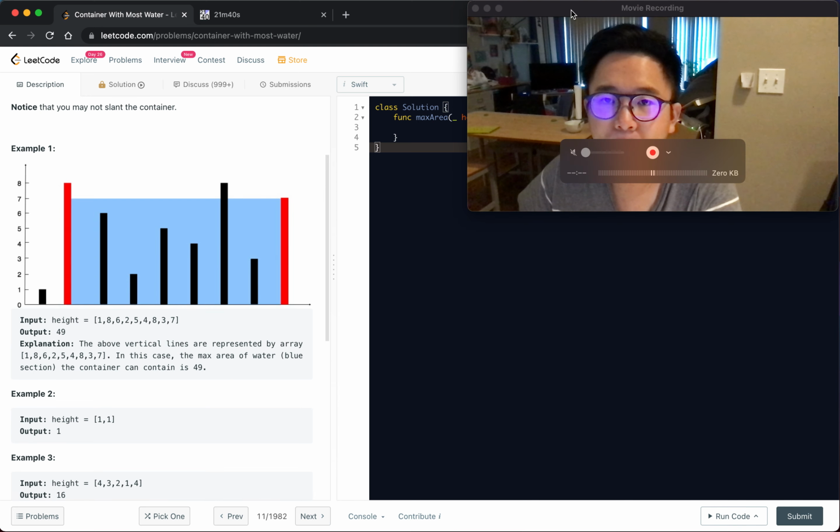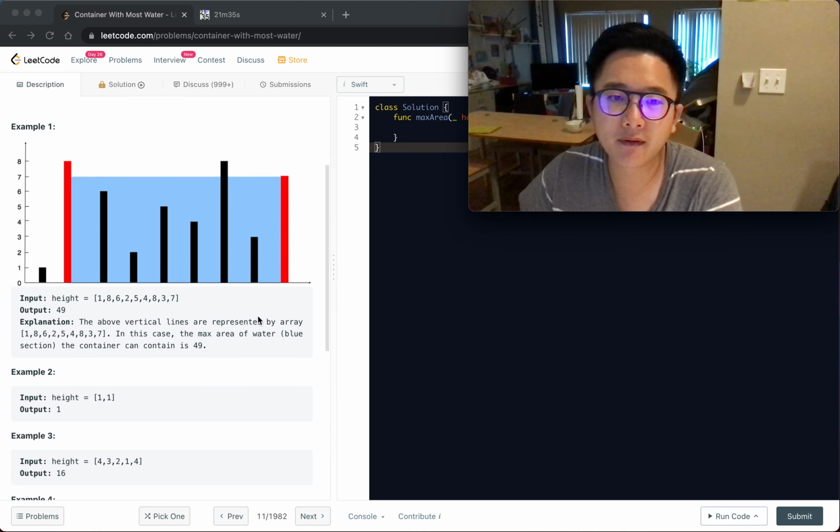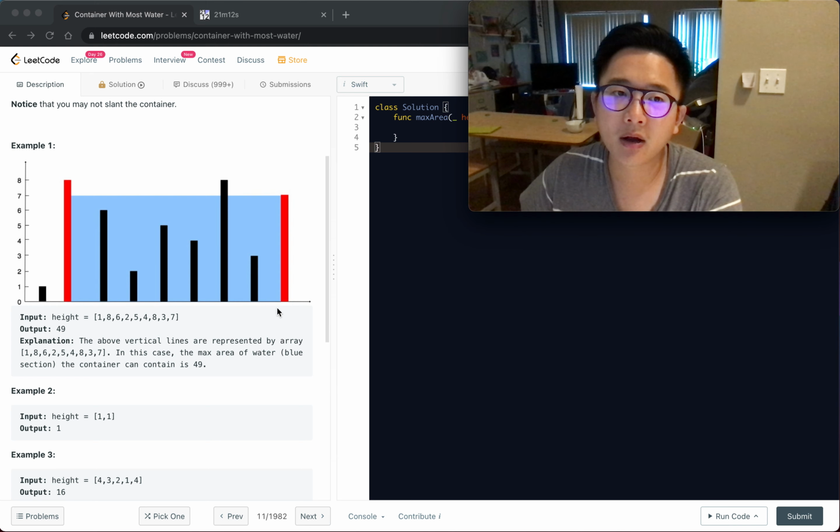Now, I think because the water consists of a container, we can start from the head and the tail of the array, calculate the max area, and then if one end is shorter, for example, one end is shorter, right?